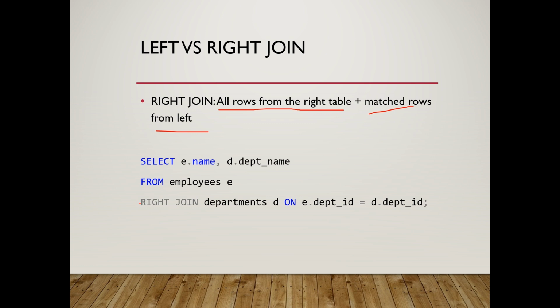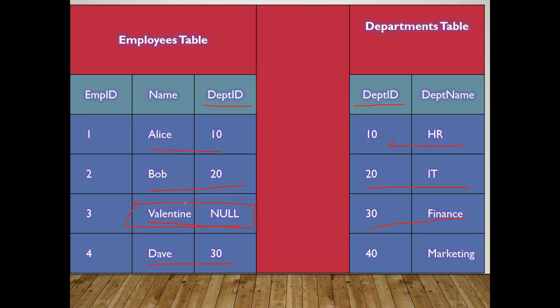And here is the right join version. The keyword used is right join. This time we will get all departments, including those with no employees.